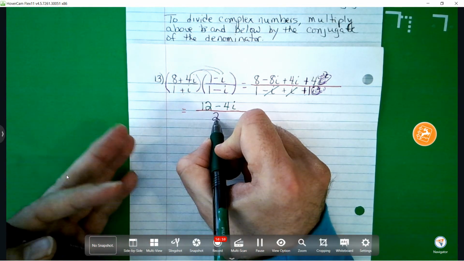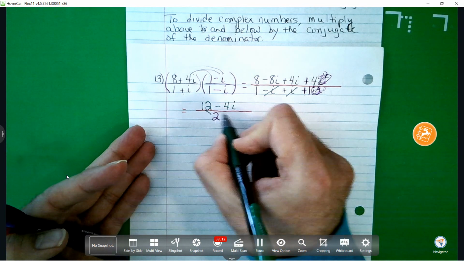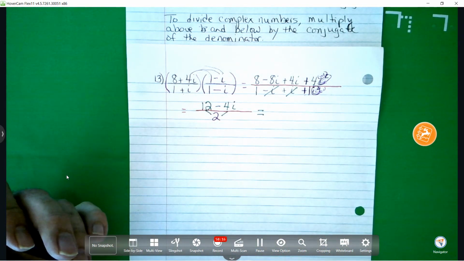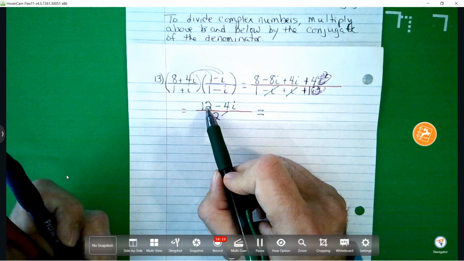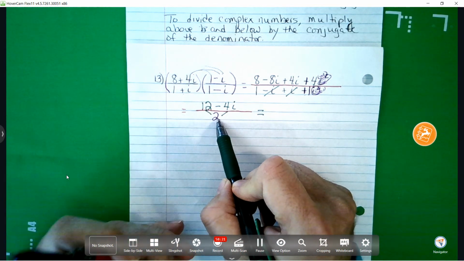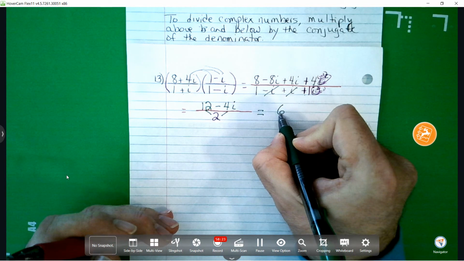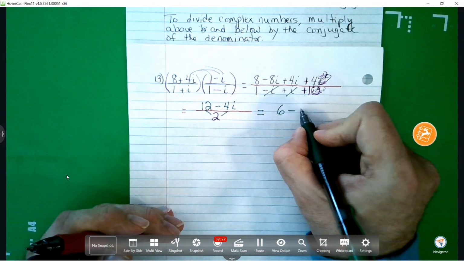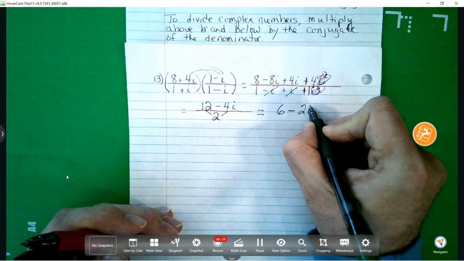Now, when it's just a number on the bottom, you separate it. That's what we did on problems 3, 4, 5, where you separate 12 divided by 2. Would that be a 6? And what's 4 over 2? Is that just going to be another 2i?